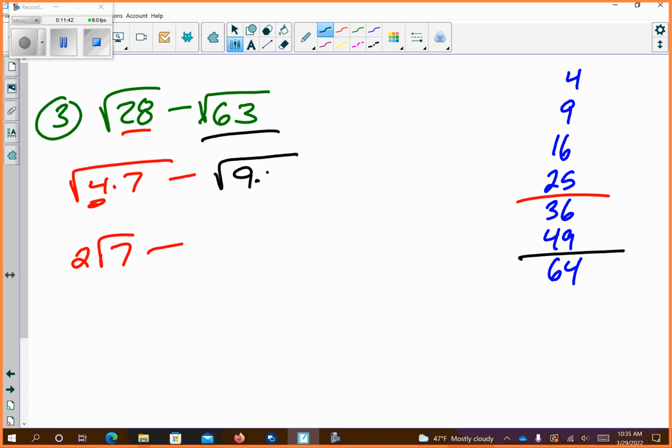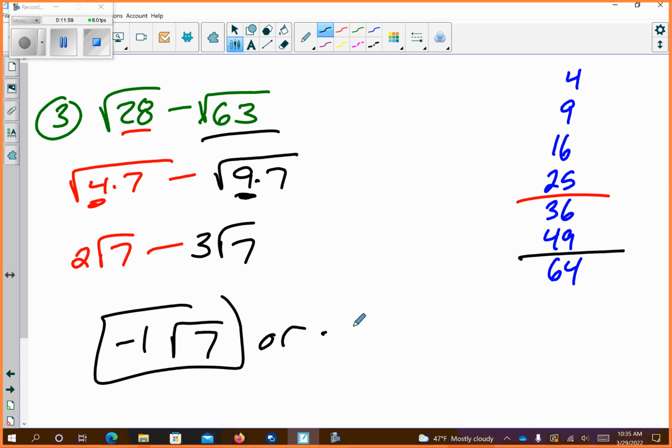So 9 times 7 gives me 63. Square root of 9 is 3. So then I get 3 root 7. Are my radicals the same? Yep. So I'm going to get root 7. 2 subtract 3 is negative 1. So negative 1 root 7, or you could have negative root 7. Your choice. Both answers, same correctness.